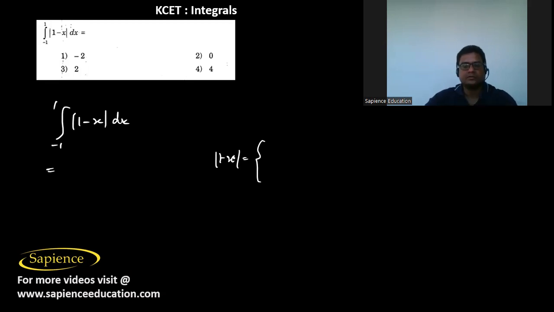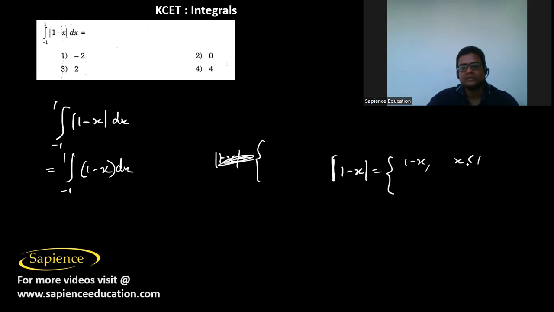So x is always less than or equal to 1 here, so it will be positive always. So I can write integral minus 1 to 1, 1 minus x dx. Since mod 1 minus x is equal to 1 minus x when x is less than or equal to 1, and it is x minus 1 when x is more than 1.